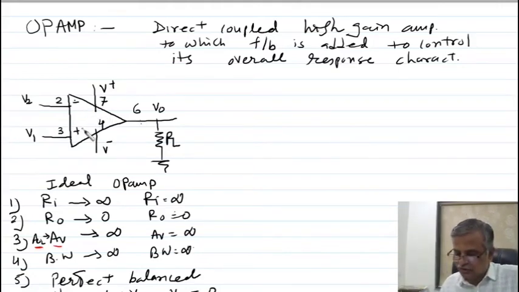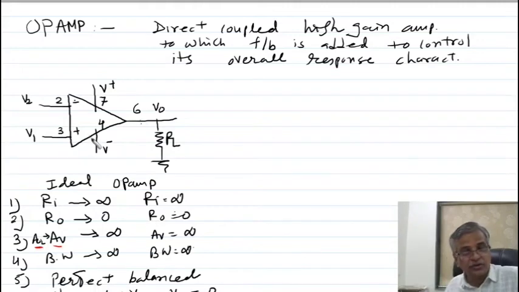High gain. Due to the internal circuit, this op-amp provides very high gain. Feedback is added to the op-amp to control its characteristics. If I give the feedback, then I can control these characteristics.